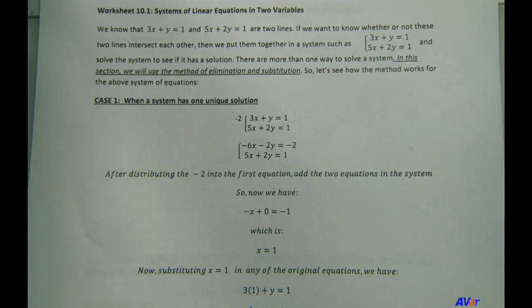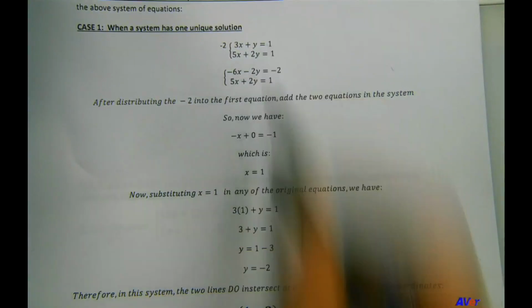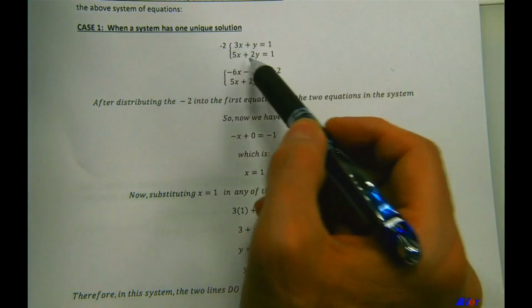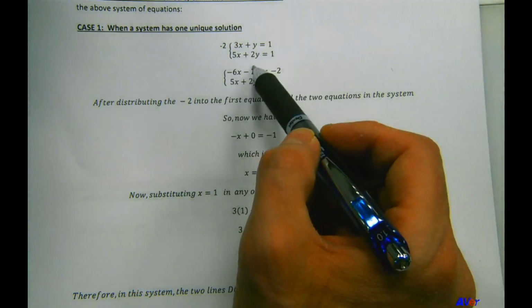Okay, so having talked about that, here's a fully solved example that I already have for case 1, a system that has one unique solution. So I'm using the method of elimination, which is where you determine which one of these two variables you'd like to eliminate.